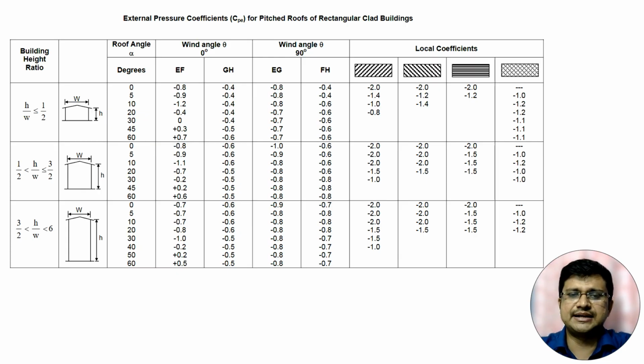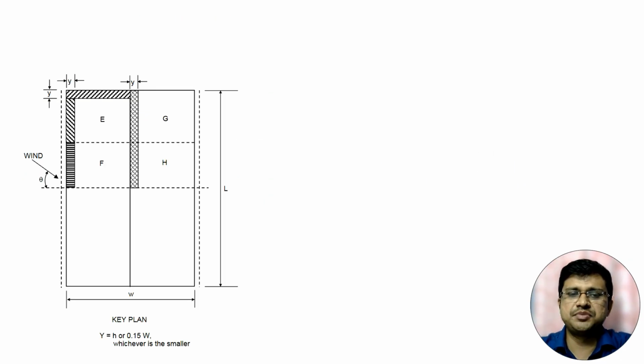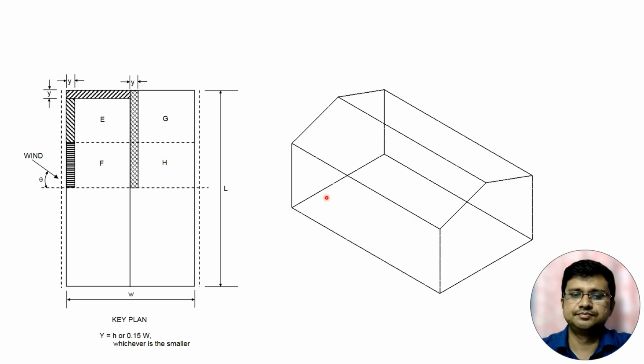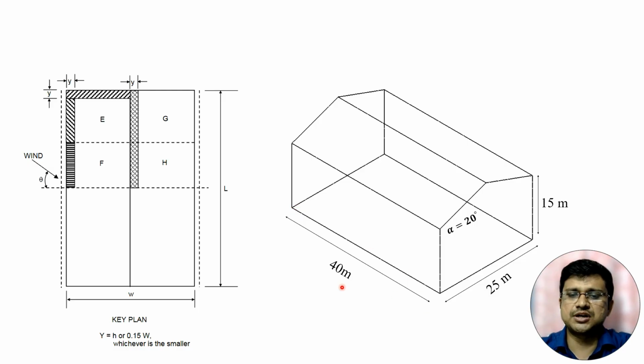Now if I go for the next figure, then it will be easier to understand. Suppose this is one building model and the dimension is like this. The length of the model is 40 meter, the width W is 25 meter and eave height is 15 meter. Roof angle is 20 degree.